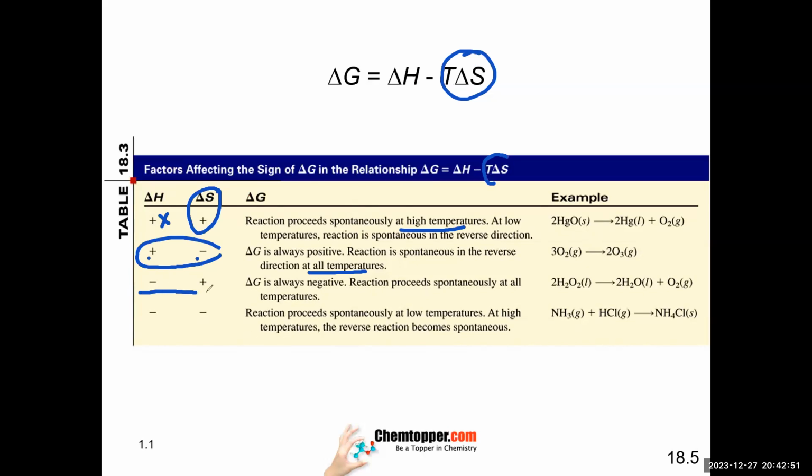In this case, this is favoring. Keep temperature low. And this is also favoring. Sorry. In this case, both of them are favoring. So at all temperatures, spontaneous. But in this case, this is favoring. This one is not. So keep the temperature low. Children, you are getting it? It's a very important table.